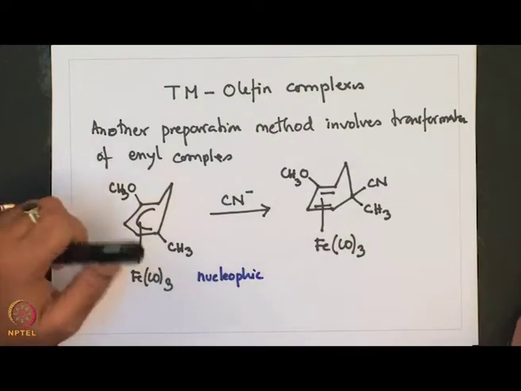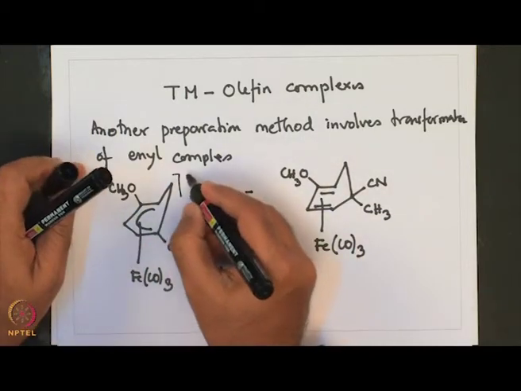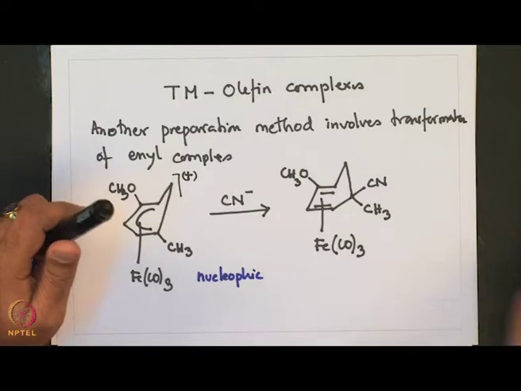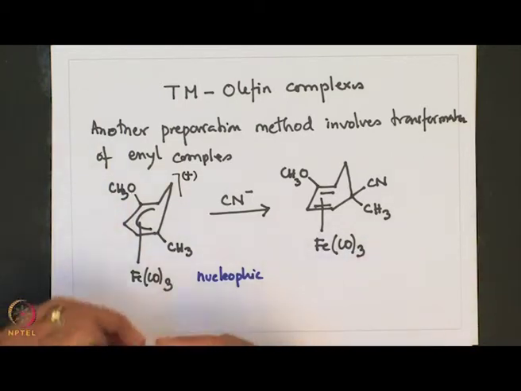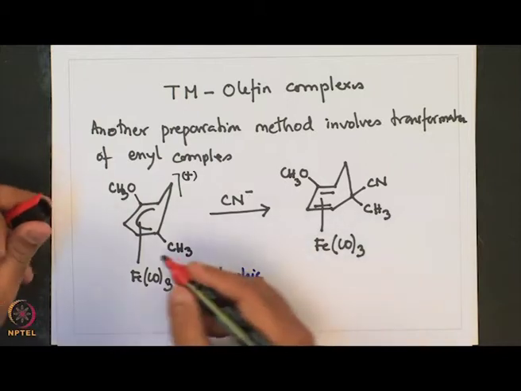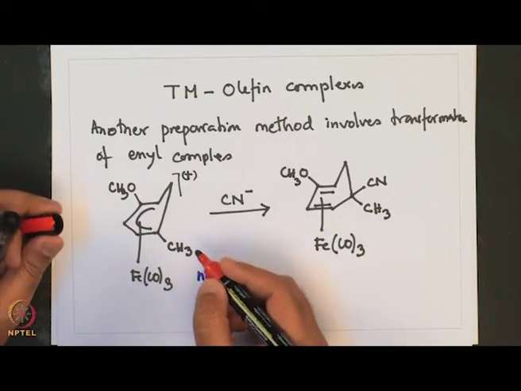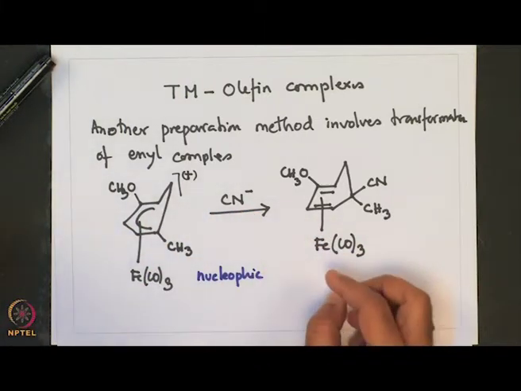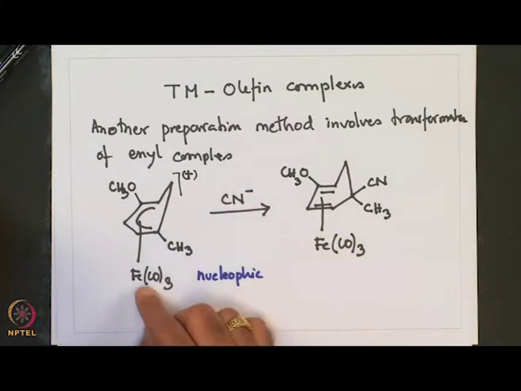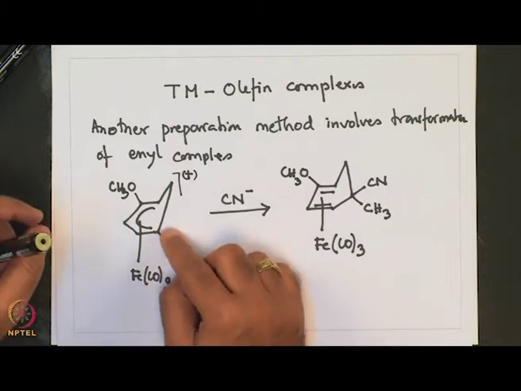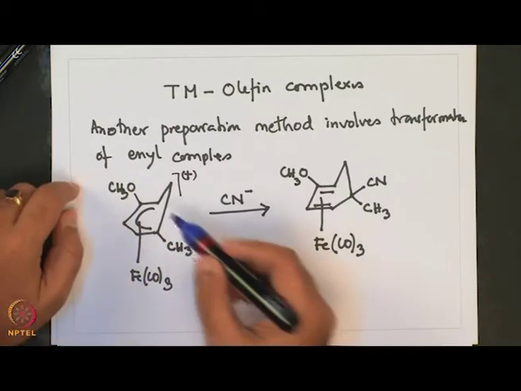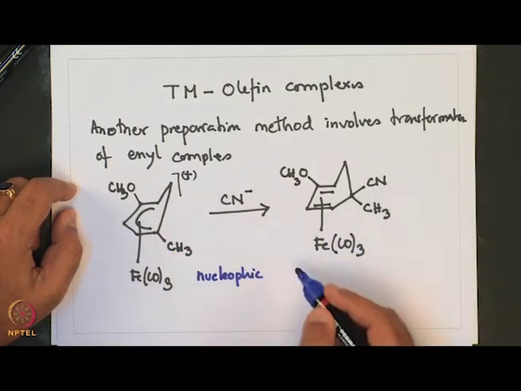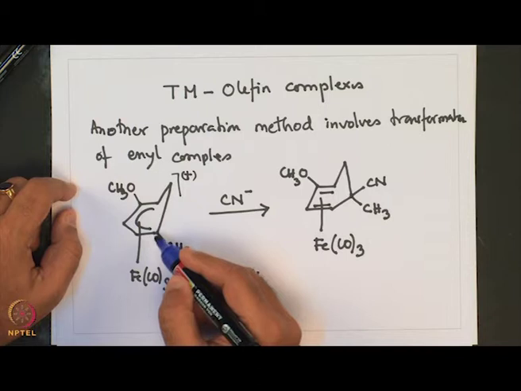happens on a cationic complex of overall unit positive charge. That means that the iron is in the +2 oxidation state, and the nucleophilic attack, instead of happening at the metal, happens at this olefinic enyl ligand moiety. Okay. The attack on the enyl complex happens at the ligand.